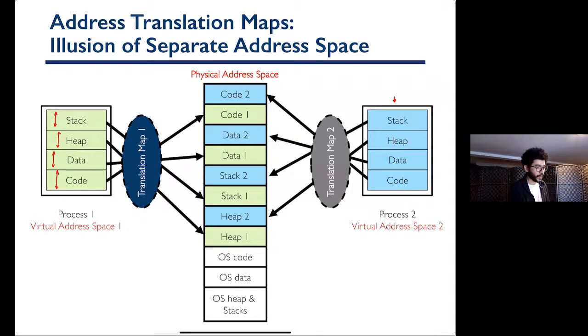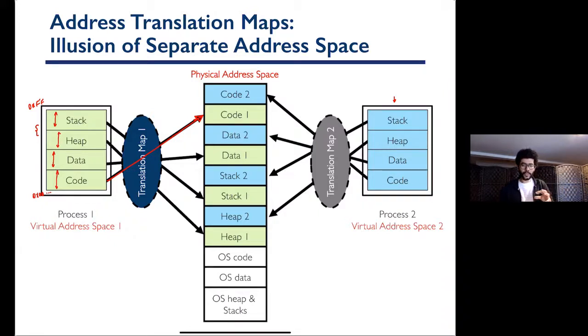In this example, you can see that the code from process 1 is mapped to this physical address range. One thing to note is usually virtual address space is sequential. So the addresses that you have are from 0 to somewhere here 0xff, although there is a space here, as we saw, so they're not connected.